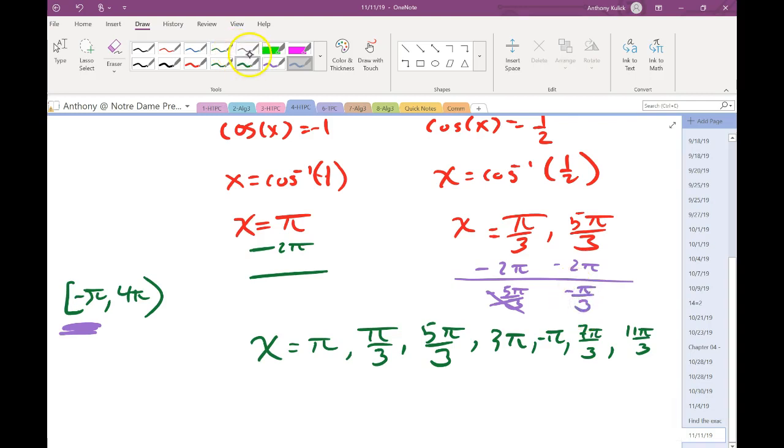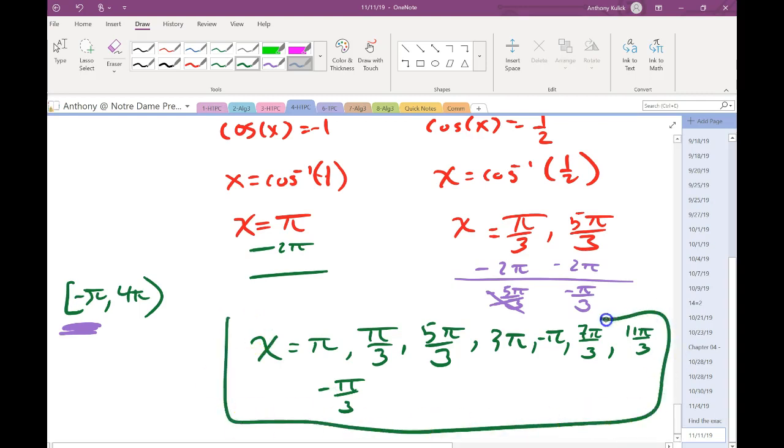That one's okay, though, right? Everybody agree with that? And obviously, if I subtract 2 pi again from that one, it's definitely too small, right? Because I'm subtracting 2 pi from a negative, so it'll be way too small. So this is my list.